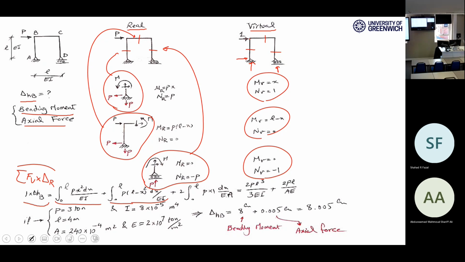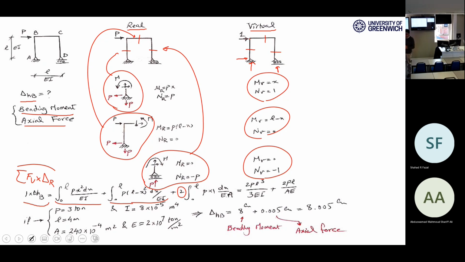When they sit together, the multiplication will be 1, 3. So 2 is because of that. We have 2 integrations identical. I just combined them and just put 2 there, but they are really 2 integrations. So we have really 3 integrations for bending moment and 3 integrations for axial forces, but one of each is 0. Okay, 2 and 2.